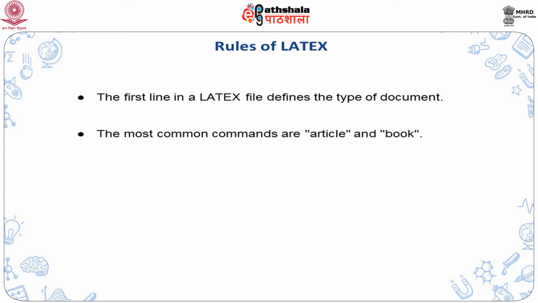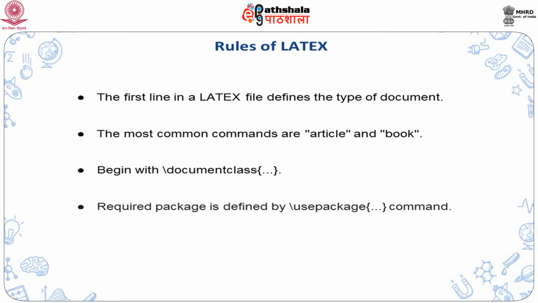This is done through a command like \documentclass, and within the curly braces you need to write whether it is an article or a book or something like that. Now, the required package is defined by the \usepackage command, and within the curly braces you need to input the name of the package. You can make an index using the \makeindex command.